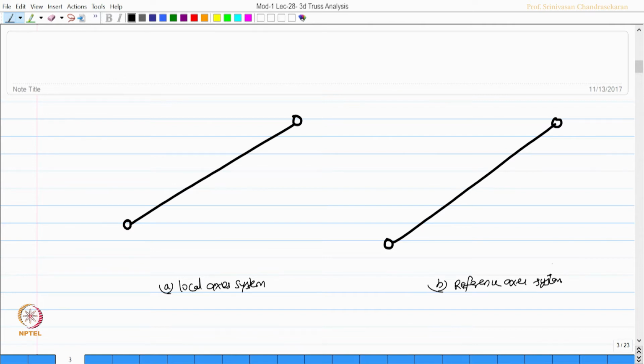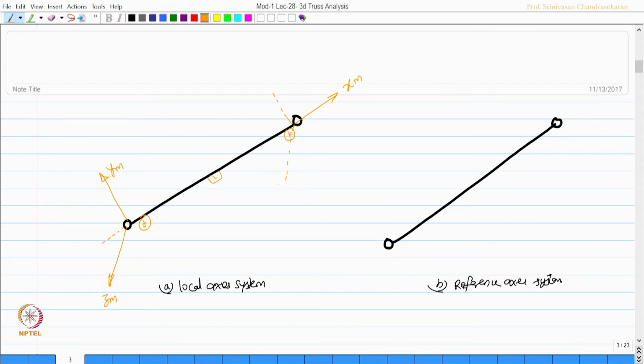For the local axis, let us mark the axes as xm, then in the anti-clockwise direction, we know it is ym, and we have zm marked here for the member whose j and k ends are marked and the member is i. Okay. So, let us have 3 axes in all the places.